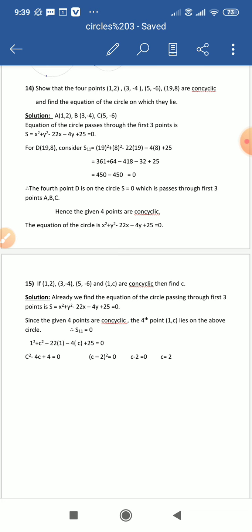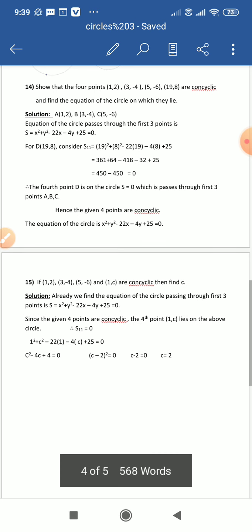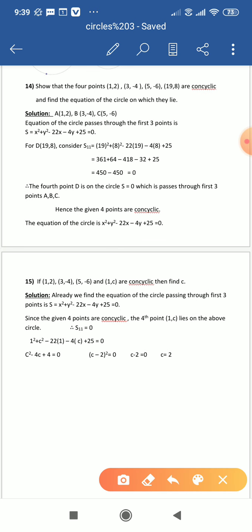Then find c. So you know the equation of the circle passing through the first 3 points 1, 2, 3, 4, 3, minus 4, 5, minus 6 is x square plus y square minus 20x minus 4y plus 25 is equal to 0. This is the circle passing through the first 3 points.